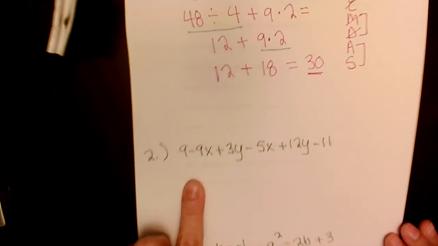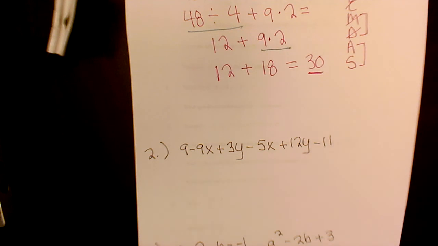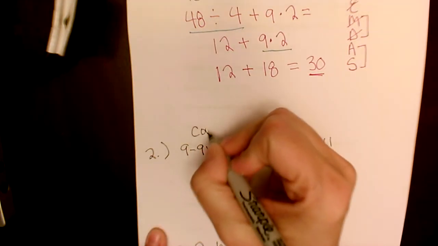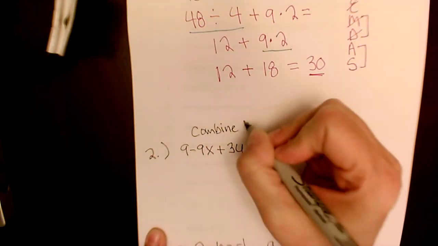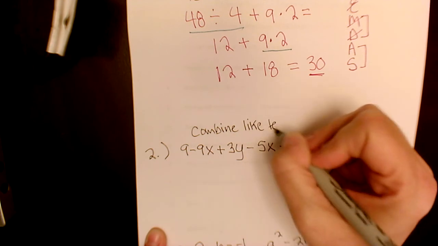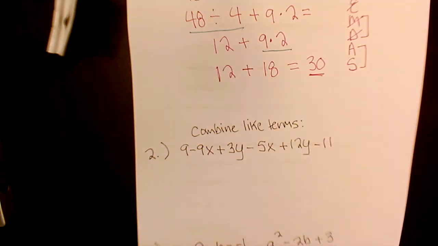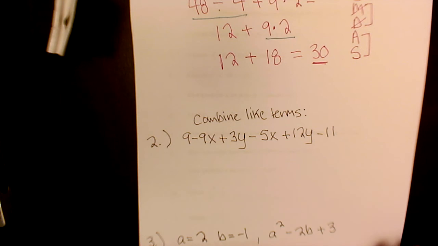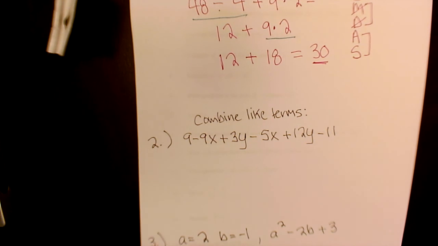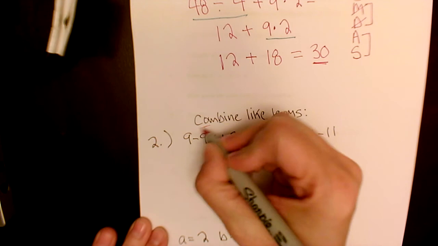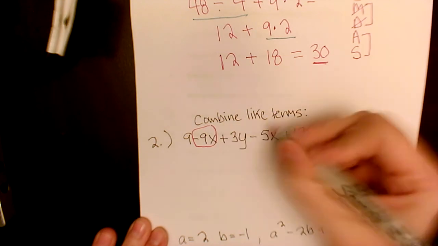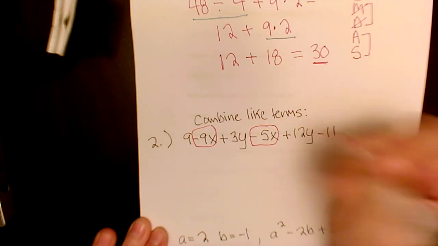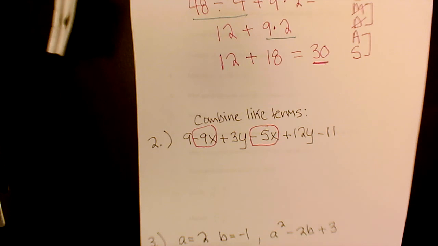Okay, question 2 is combining like terms. Okay, so I'm going to use the box method, and I'm going to put a box around those that match up. So I see I've got, and you don't have to do it this way.